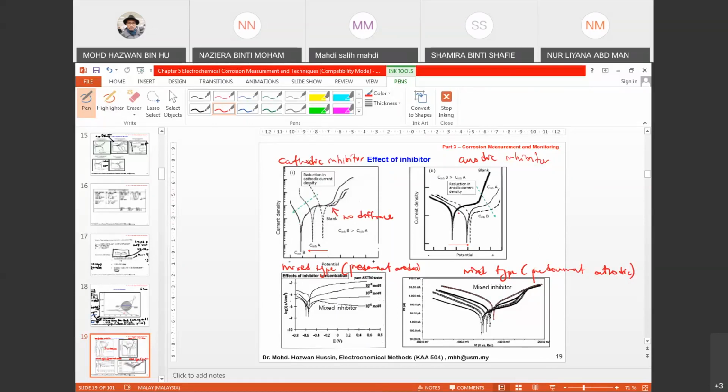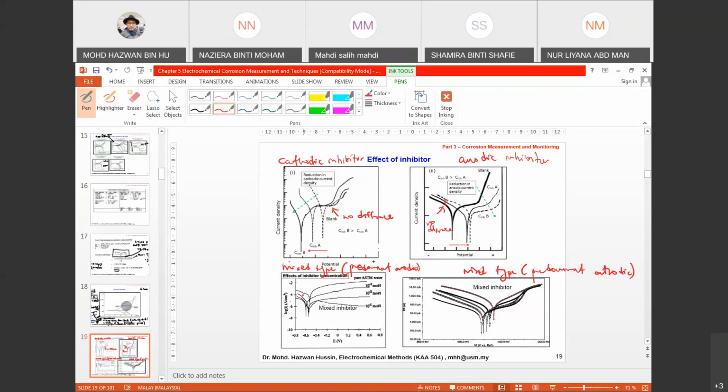Over here, for the anodic current density, not much difference, almost overlap, but I still see some changes over here. And the major difference is actually for the reduction of anodic current density. So this is characterized as anodic inhibitor.